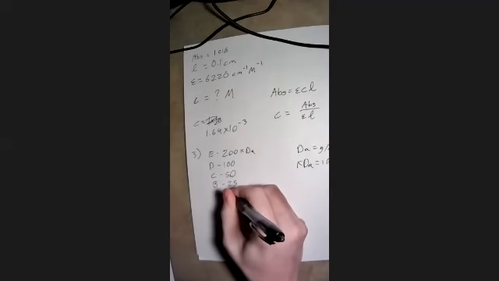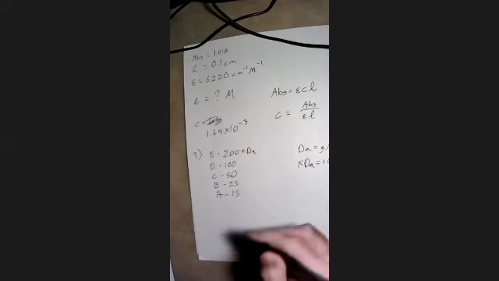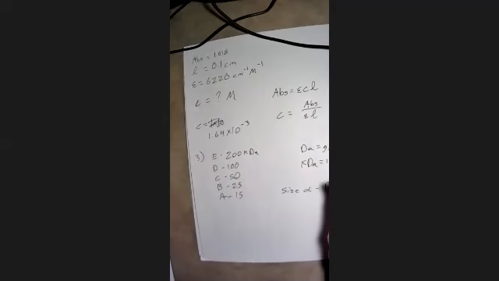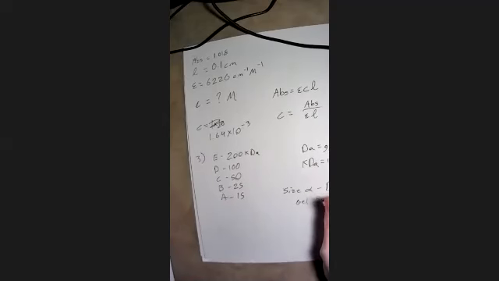And A is going to be the least, which is 50. So simple, remember that size is inversely proportional to distance in gel electrophoresis, right?